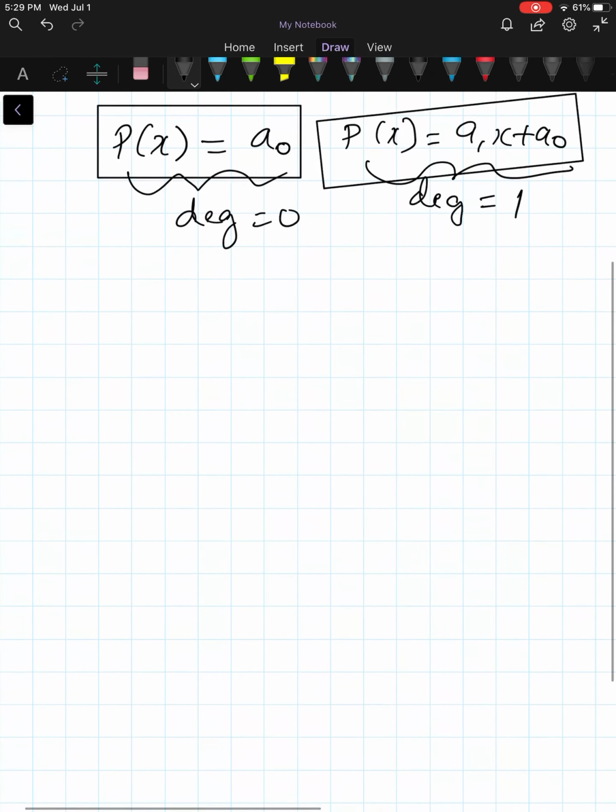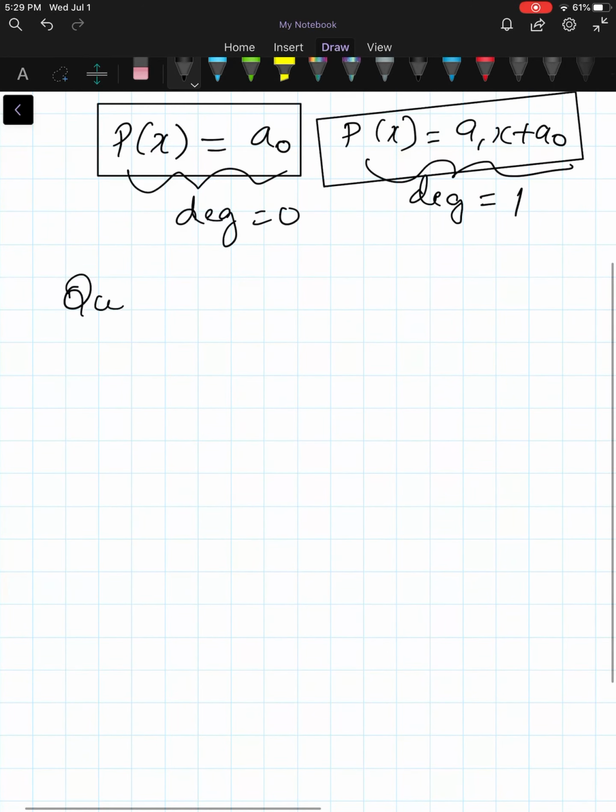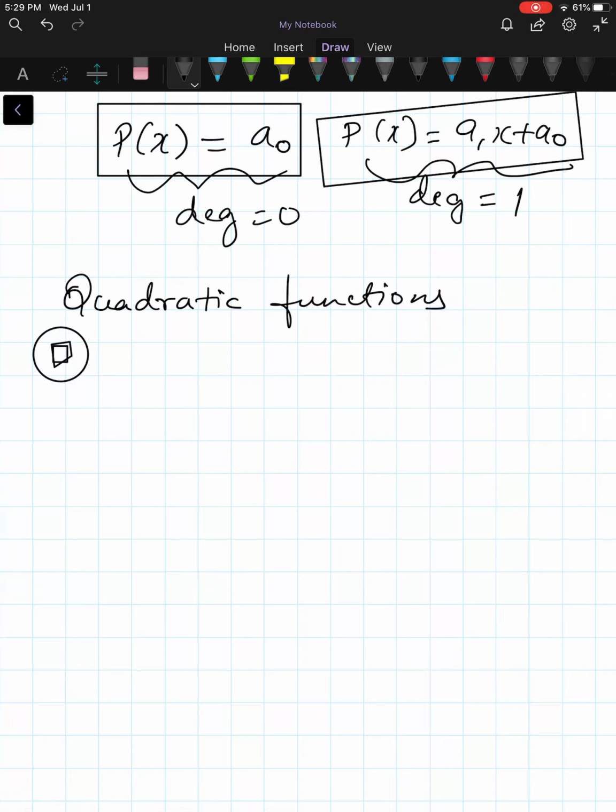So now I will define quadratic functions. Definition: a quadratic function is a polynomial of degree 2.